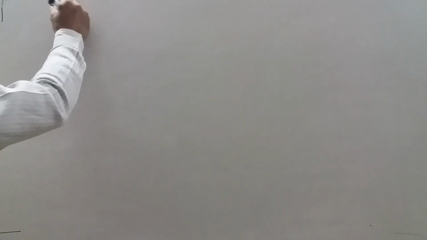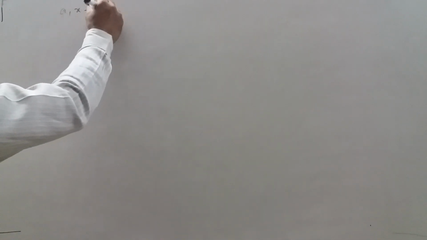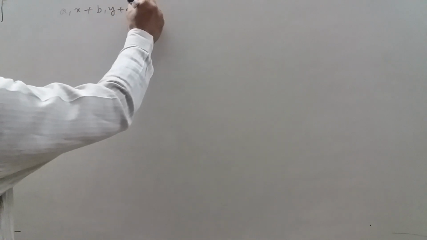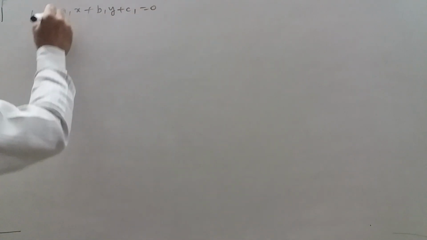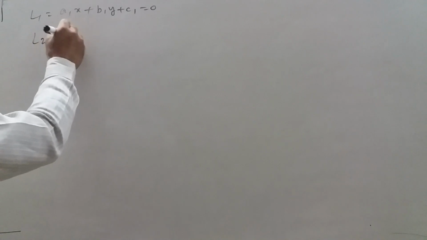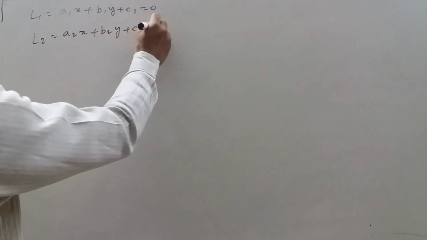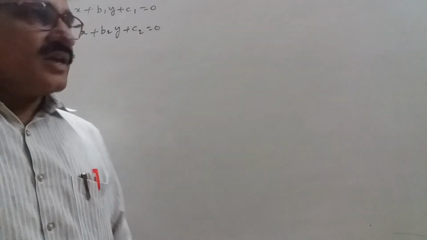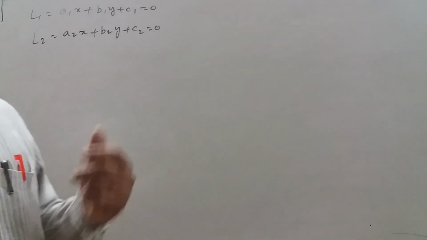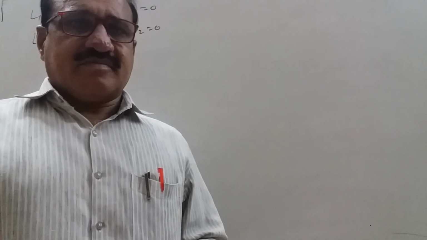Now we know already, if a1x plus b1y plus c1 is equal to 0, let it be L1, and L2 is equal to a2x plus b2y plus c2 is equal to 0, another straight line. These two equations represent two straight lines in a plane.